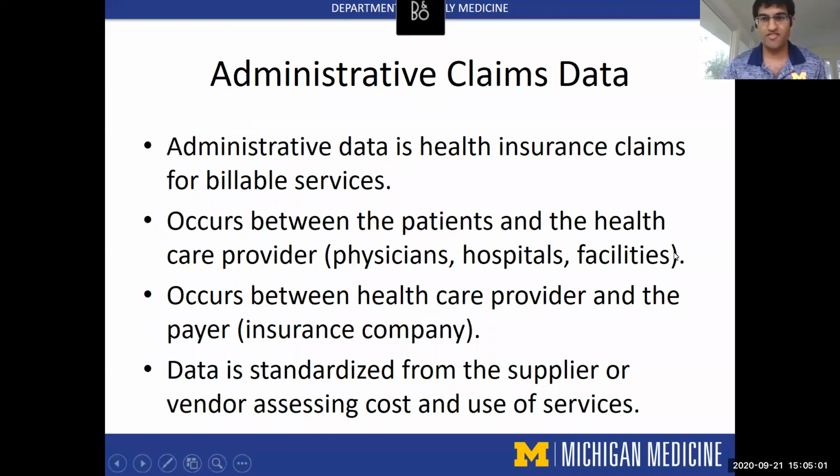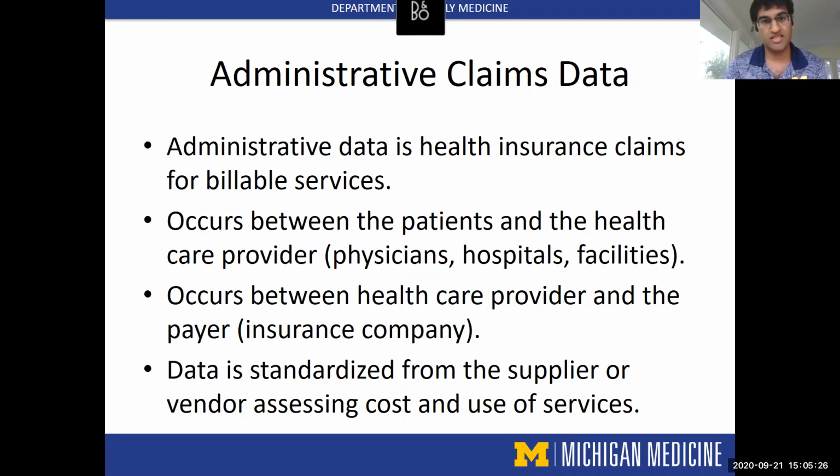So for those who are unfamiliar, administrative claims are health insurance claims, primarily for billable services. So if you go to the doctor's office, or if you have surgeries, or if you're getting various kinds of post-discharge care in skilled nursing facilities, etc., that's what is covered here.